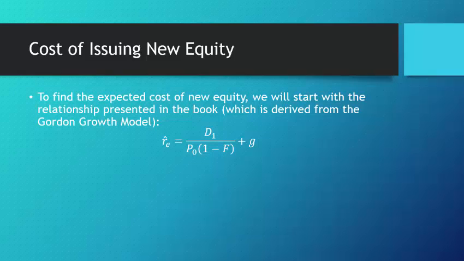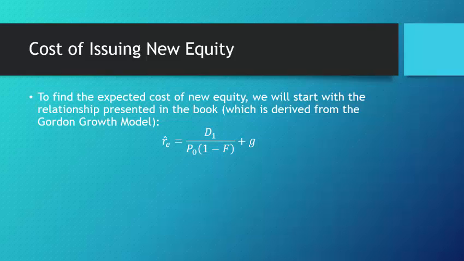The Gordon growth model would have P sub 0 equal to D sub 1 over R sub S minus g. If we solve for R sub S, we get R sub S equal to D sub 1 over P sub 0, and then that whole thing is added to g.